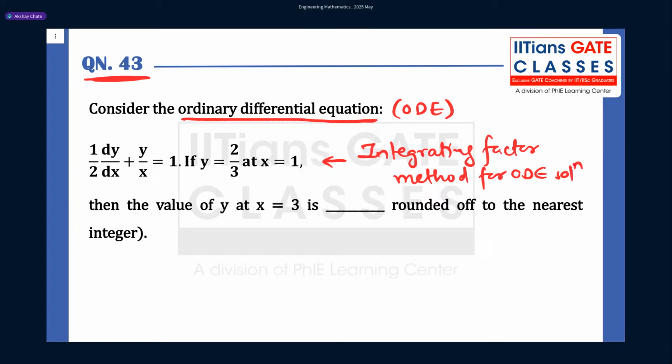This type of question is repeated more frequently. I'm telling you, if you check the previous year questions from the ODE topic, this type of integrating factor method is widely repeated. So what is this method? We had discussed this extensively in our previous classes.